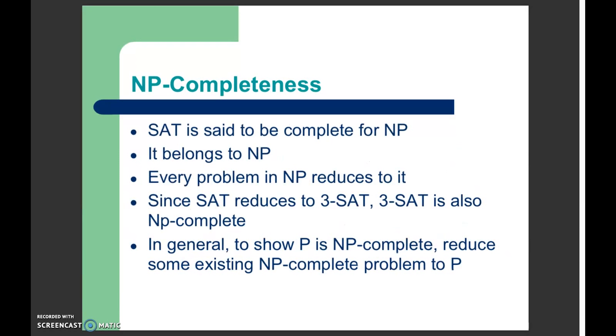SAT is said to be complete for NP. It belongs to NP, and every problem in NP reduces to it. Since SAT reduces to 3-SAT, 3-SAT is also NP complete. So in general, to show P is NP complete, reduce some existing NP complete problem to P.